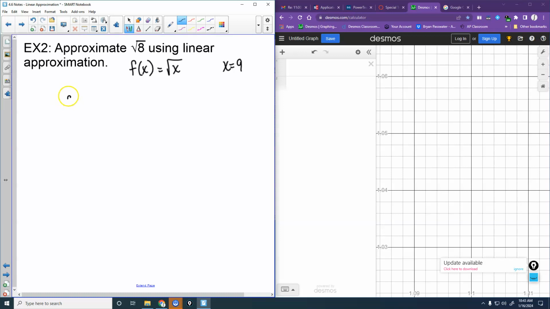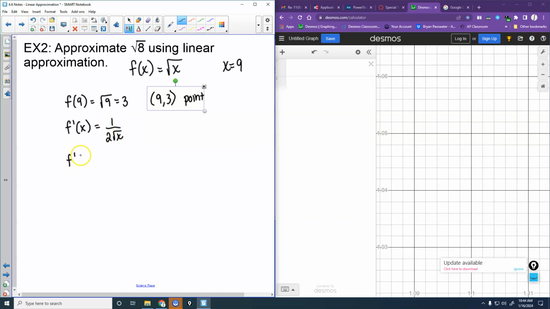So we would find f of 9, which would be the square root of 9, which would be 3. So we've got 9, 3. That'll give us our point. And we already found f prime of x on the last problem. It was 1 over 2 square root of x.